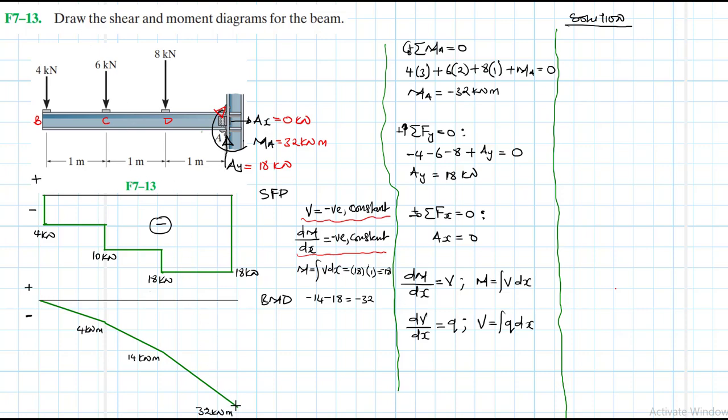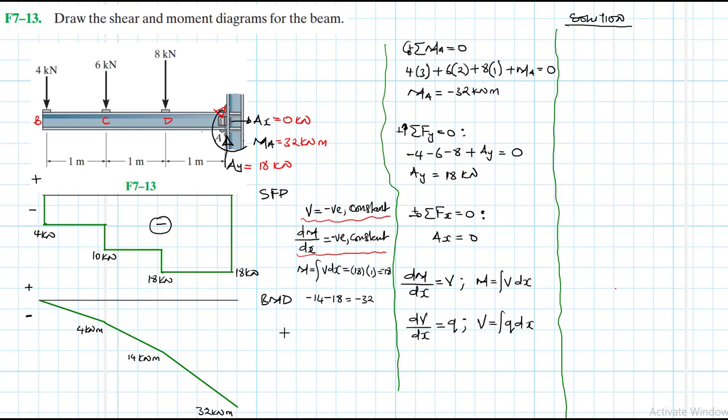right? And then later on at the very end there, we have a moment at this end. The reaction moment, of course, is clockwise. But if you are to make a section just before this clockwise moment, you find we are going to have the counterclockwise, which is positive.